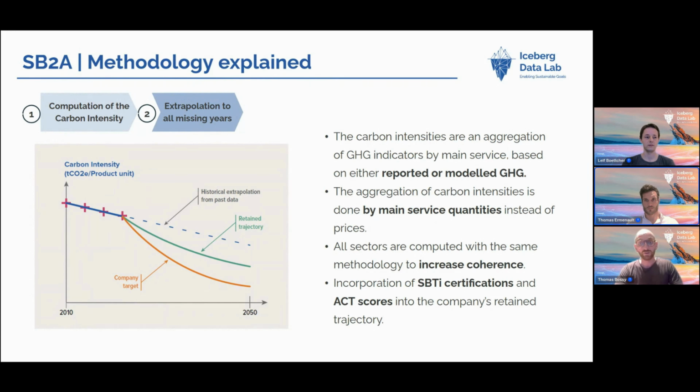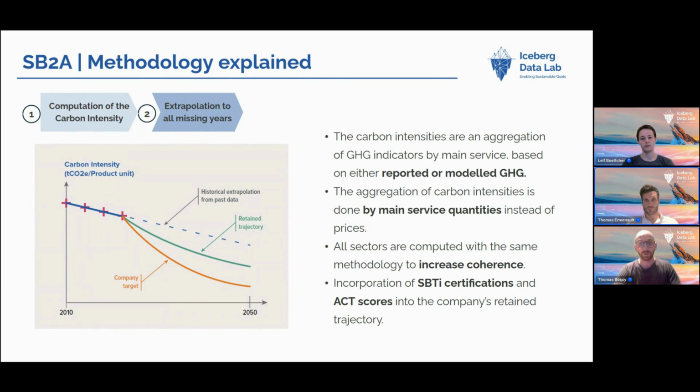That's also where we take into account SBTi: we look at all the certified targets and put them into our model to have another kind of extrapolation of future GHG intensity.